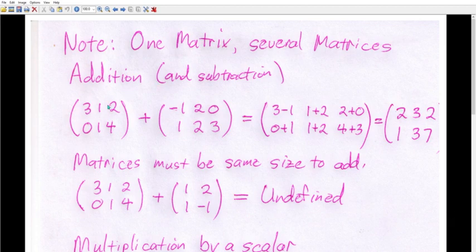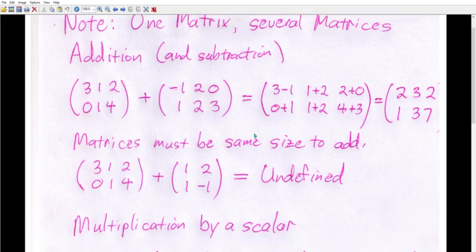And then we just go along. 1 plus 2 is 3, 2 plus 0 is 2, etc. And when you add together 2 by 3 matrices, you get a 2 by 3 matrix, where each entry in the sum is just the sum of the entries from each of the 2 matrices.